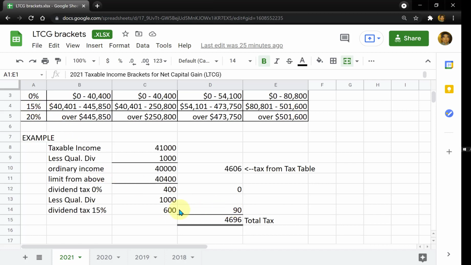So here's 15% of that 600. So we add up the tax on the ordinary income. We add up the tax on the qualifying dividends falling below 40,400. And we add up the tax of the qualifying dividends that went over 40,400. And we add all these taxes up, and here's the total tax liability for the year.